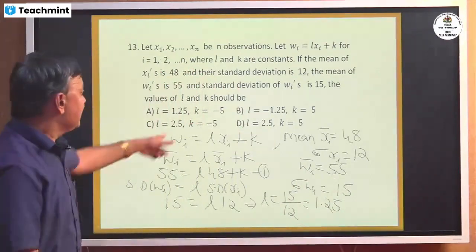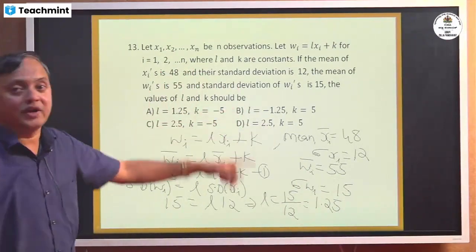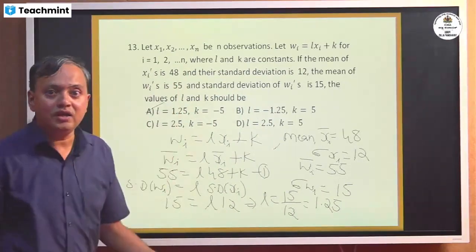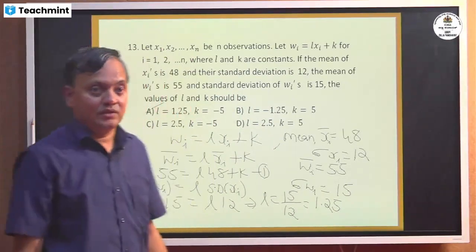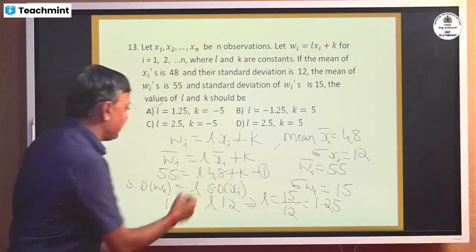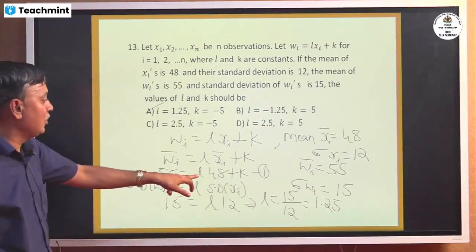See, here l equals 1.25, and there is only one such option, option A. So here we need not find k, correct? But if you want to find k, substitute in the first equation, putting l equal to 1.25.